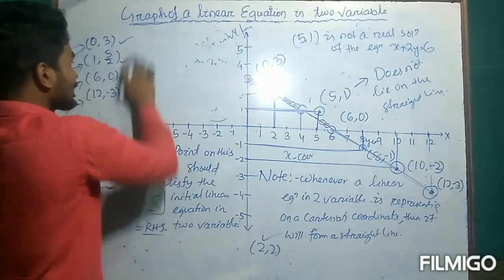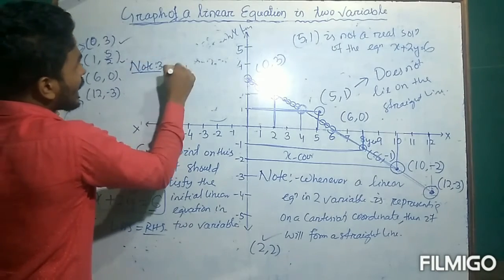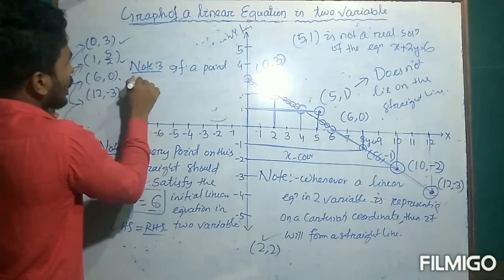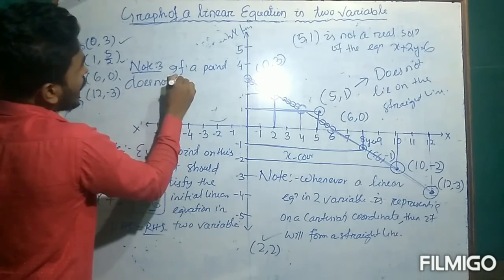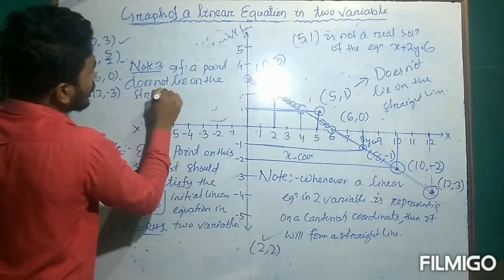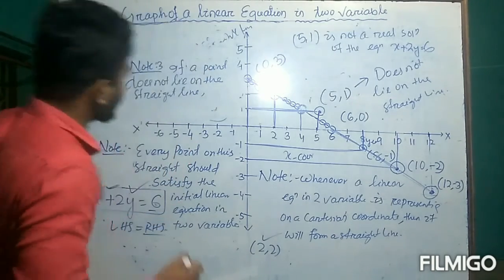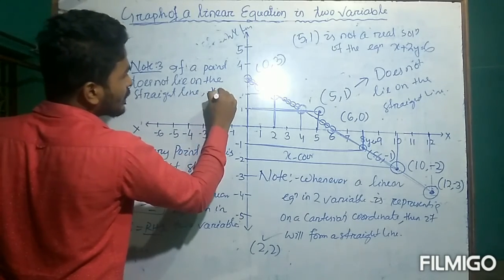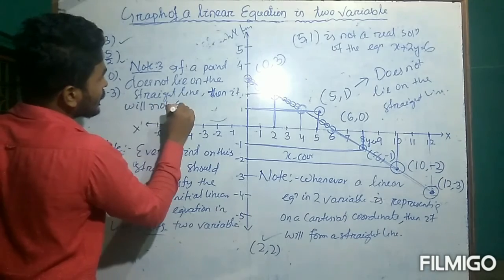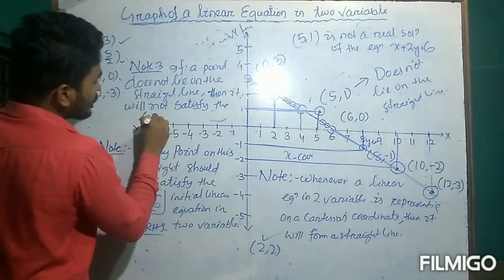You could write, note 3: if a point does not lie on the straight line, then it will not satisfy the linear equation.